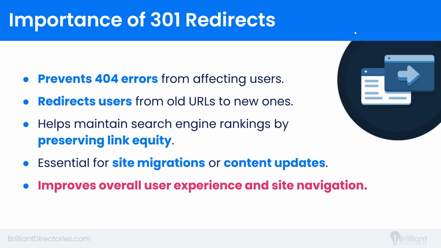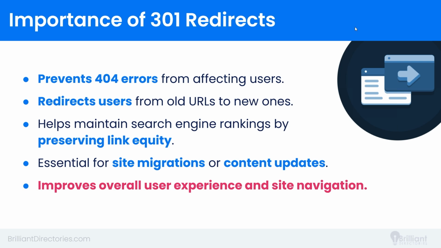So you can set up a 301 redirect to make sure that that old page that was previously indexed and listed in Google, that you maintain that link equity. And when a visitor goes to that old link, they'll be redirected to the new relevant page that you've set up. So again, this is essential for site migrations or really any content updates if a URL for a web page is being changed. And this can really help to overall improve the user experience and overall site navigation when people are visiting your website.